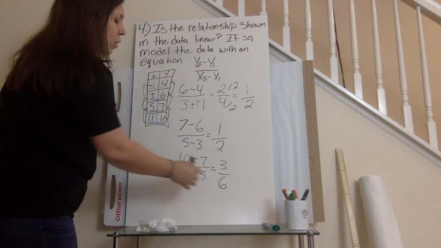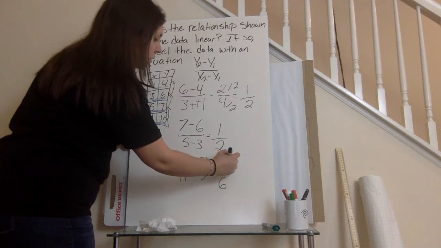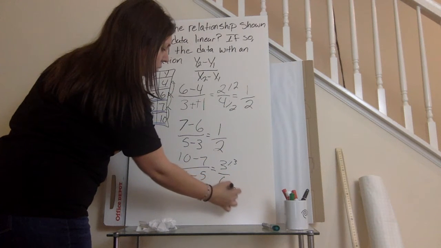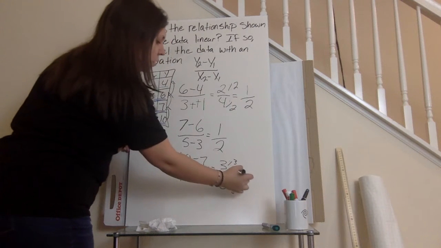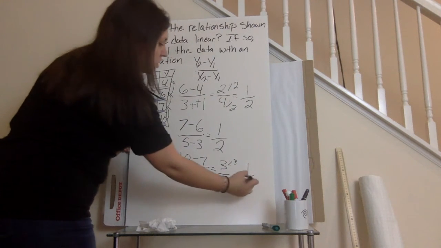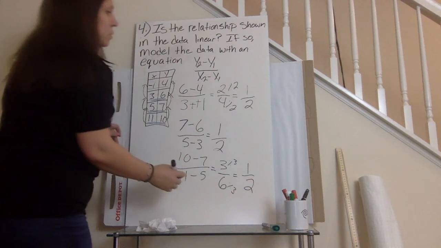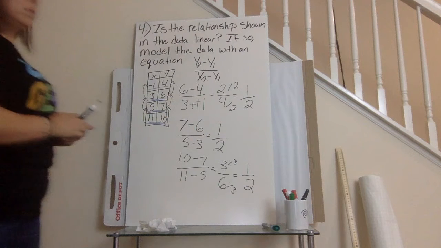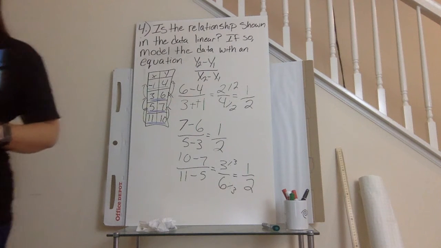I need to find what both of them have in common, so I'm going to divide the top by 3 and the bottom by 3. 3 divided by 3 gives me a 1, and 3 goes into 6 2 times. And again, 1/2. I do know that this will work.